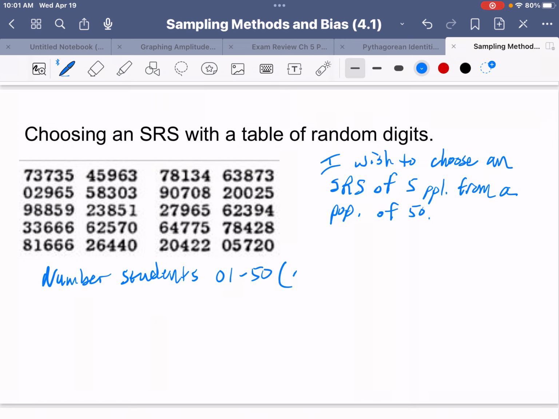You could have also said 00 through 49, your choice. Start looking at 2-digit strings.